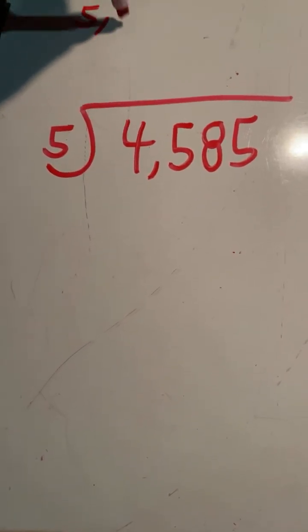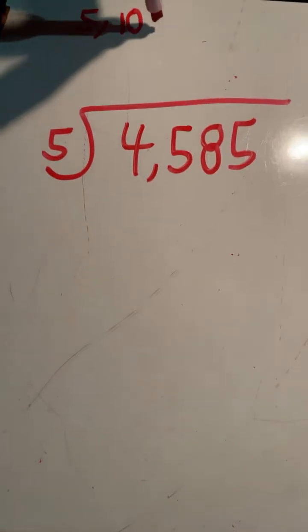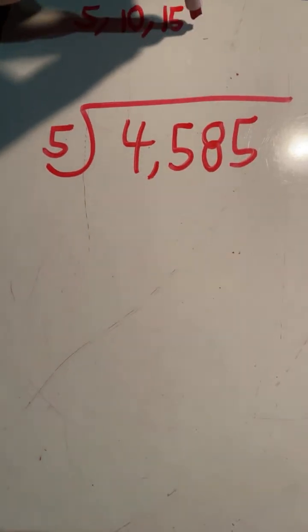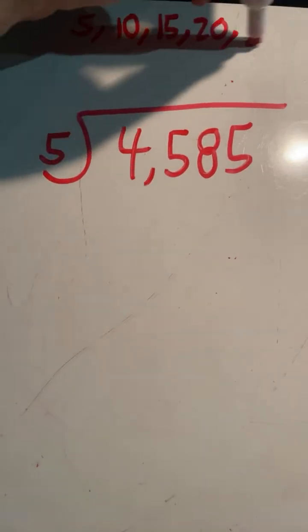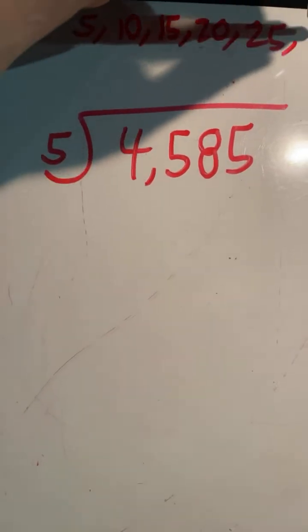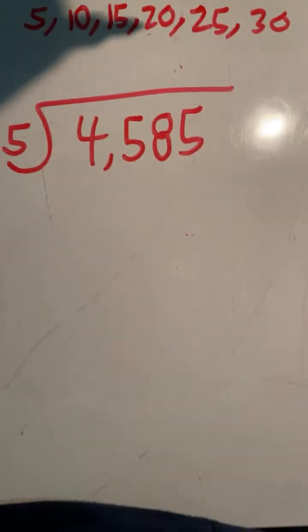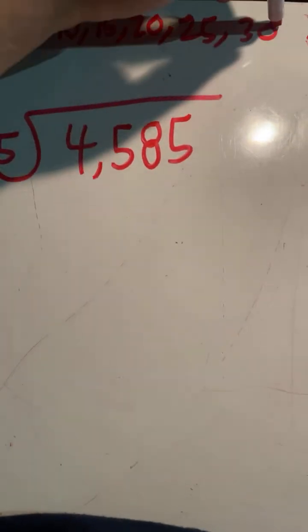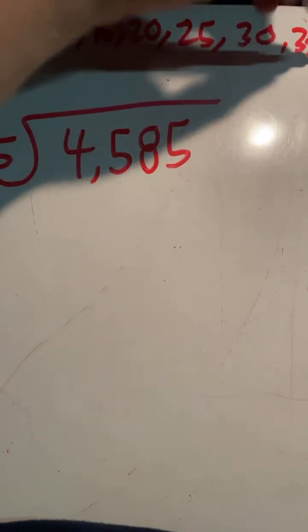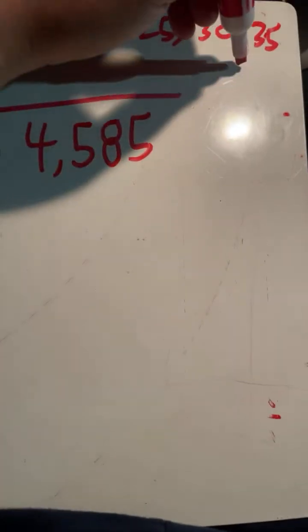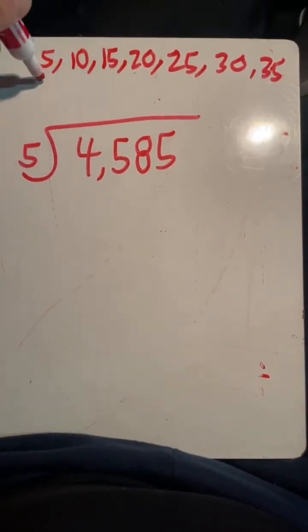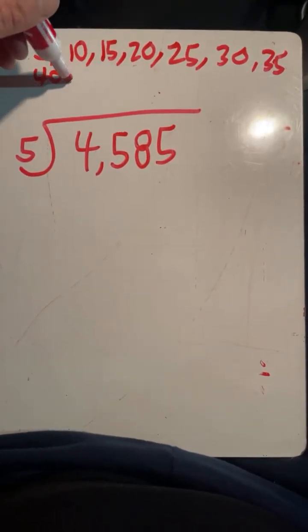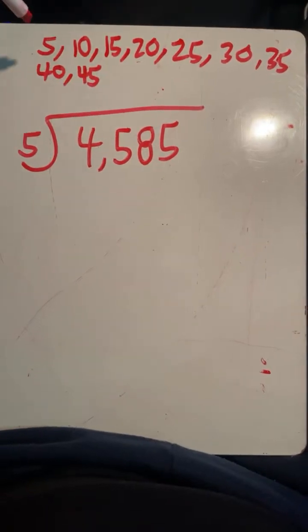5, that's one group. 10, 2 groups. 15, 3 groups. 20, 4 groups. 25, 5 groups. 30, 6 groups. 35, 7 groups. 40, that's 8 groups. And 45, 9 groups.